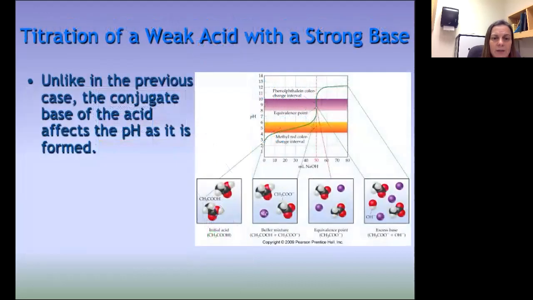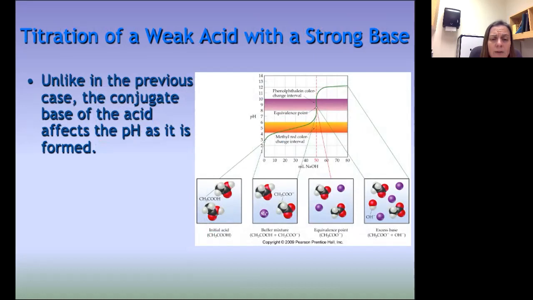On the other hand, if we titrate a weak acid with a strong base, as we move through the titration, at the beginning, we're mostly going to have undissociated acid and a very small amount of hydrogen ions and conjugate base. But as we add the hydroxide ions, as we add that strong base, it's going to start to react with the undissociated acid, which is then going to free up some of those conjugate base ions, in this case, the acetate ions.